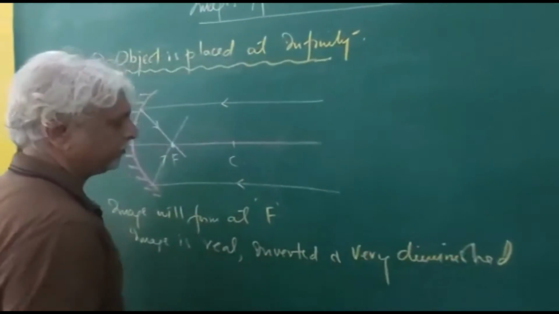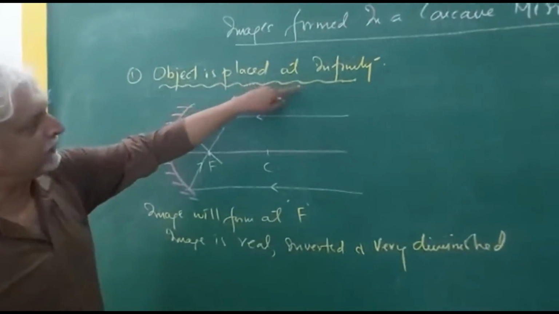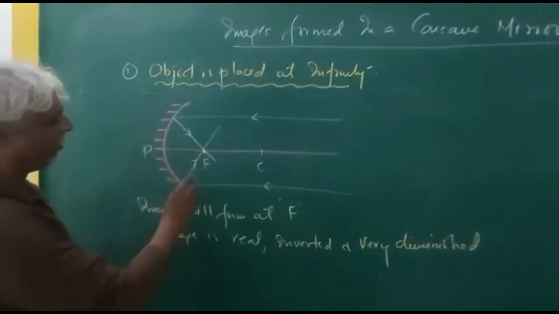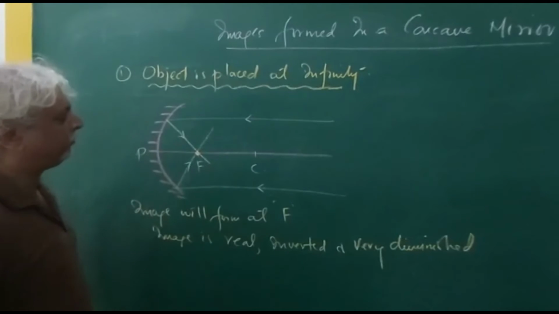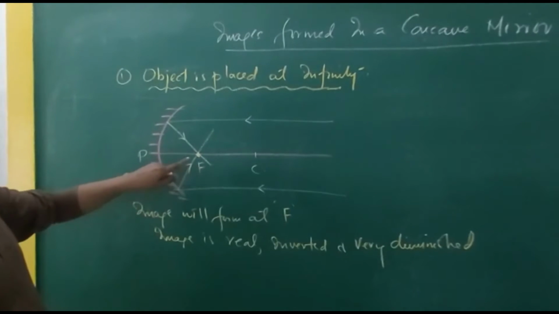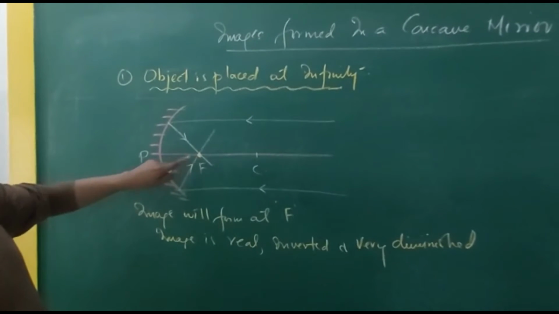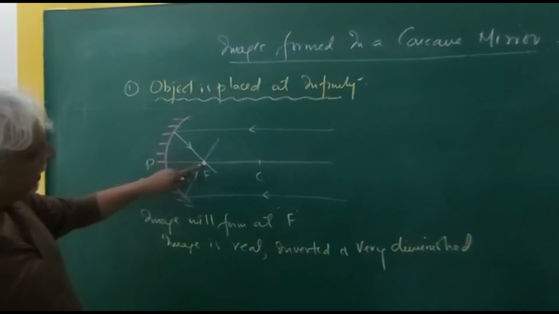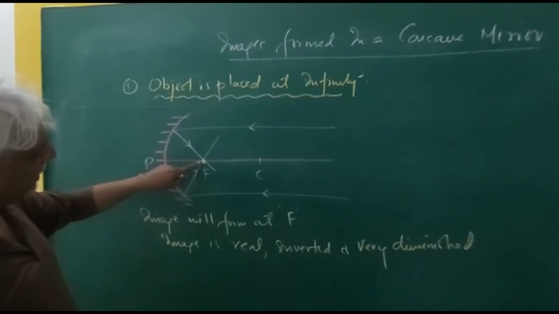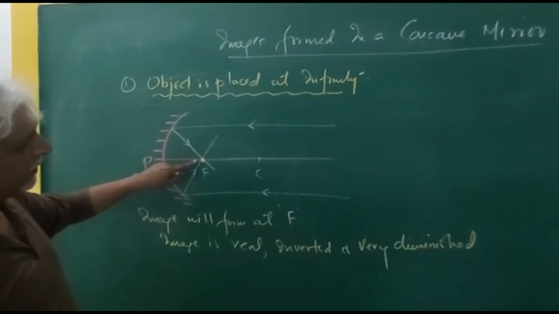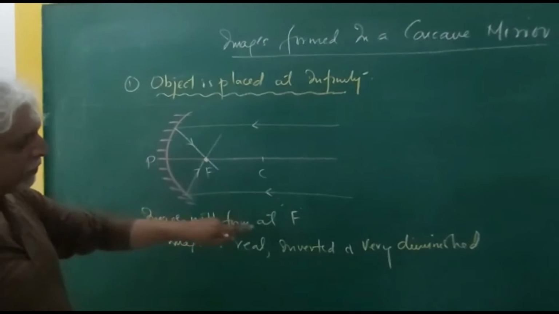Very, very small. When the object is placed at infinity, the image will form over here at the principal focus, or we could call it the focal point. And the nature of this image is real, inverted, and highly diminished, very, very small.